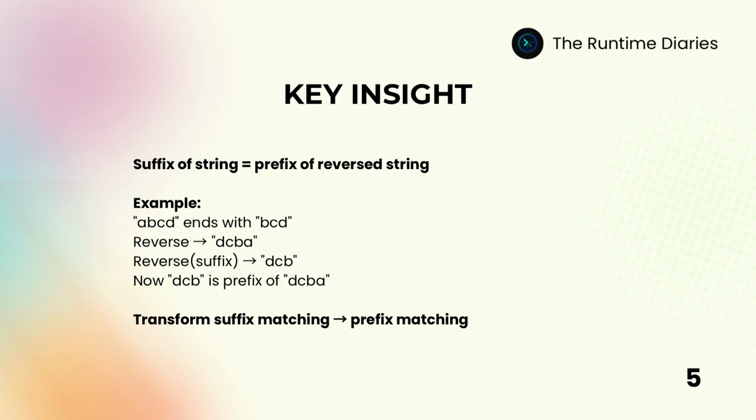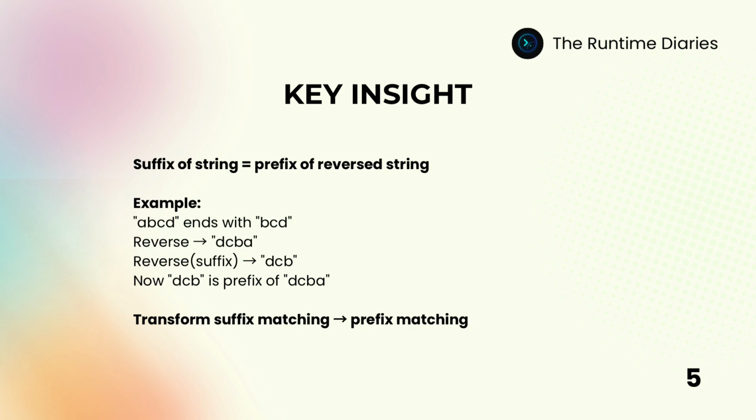Here's the breakthrough insight. A suffix of a string becomes a prefix of the reversed string. Let me show you an example. The string ABCD ends with the suffix BCD. If we reverse ABCD, we get DCBA.